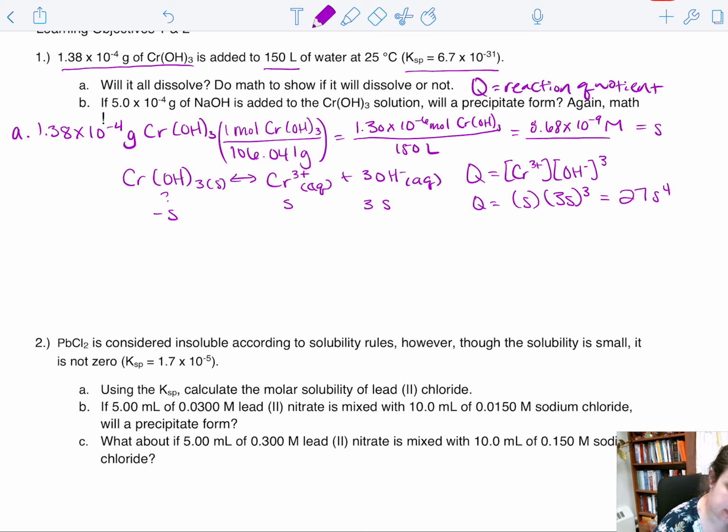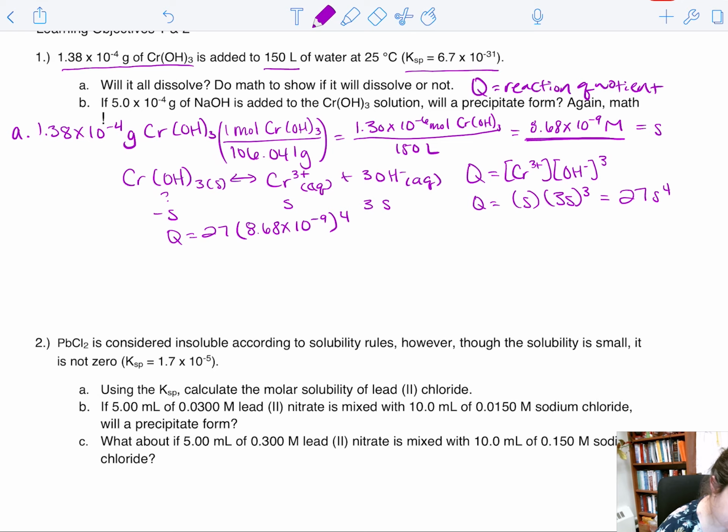We're then going to place this in for S and solve for Q. So we have 27 times 8.68 times 10 to the negative 9 to the 4th.